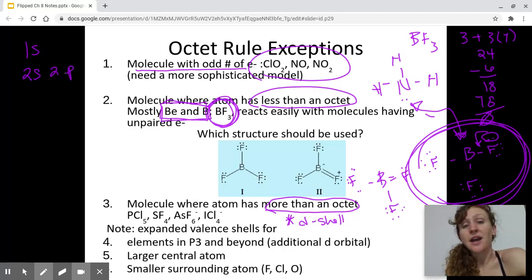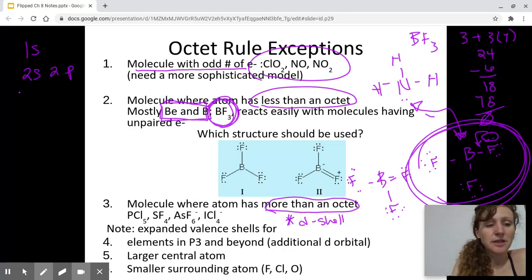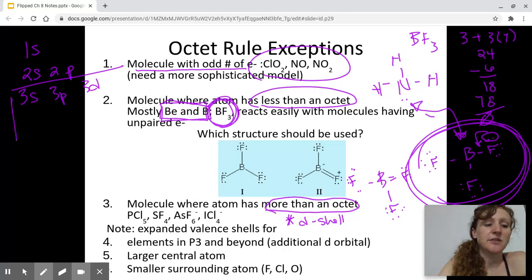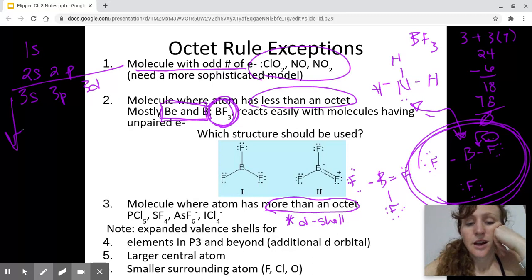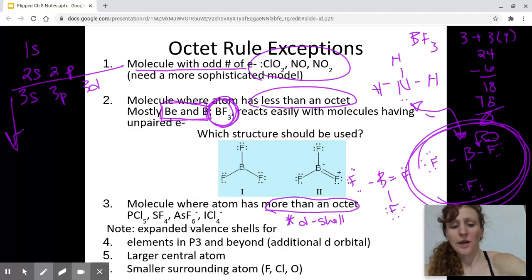Neither one has a D shell available until you get to 3. 3D is the first D shell we see available. So anything that holds an expanded octet is going to have to be in the third energy row or below. Or the third energy level or higher. You could say it either way.